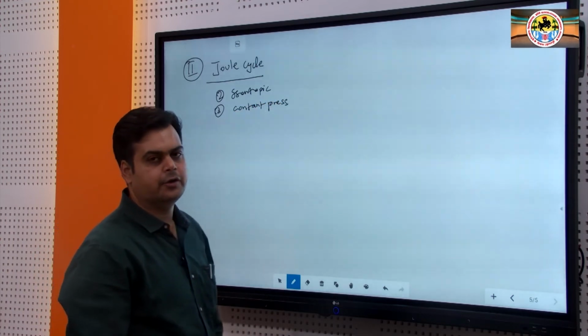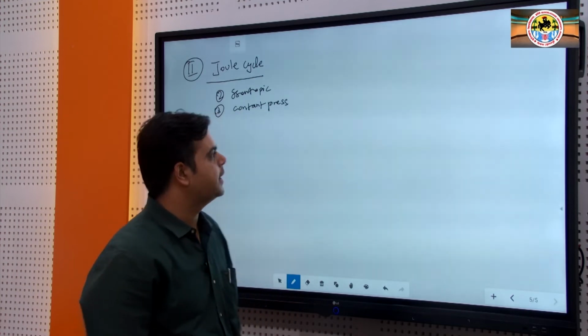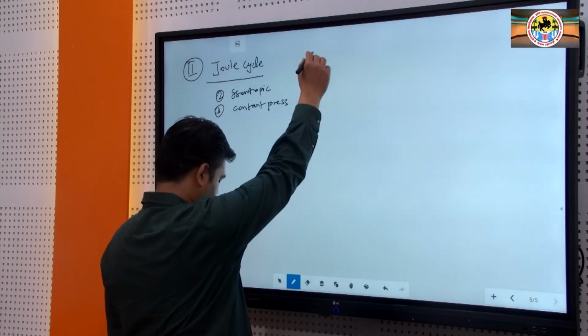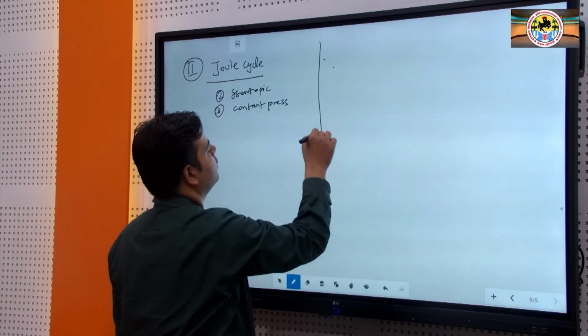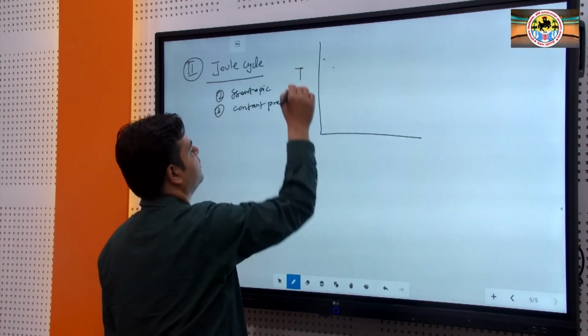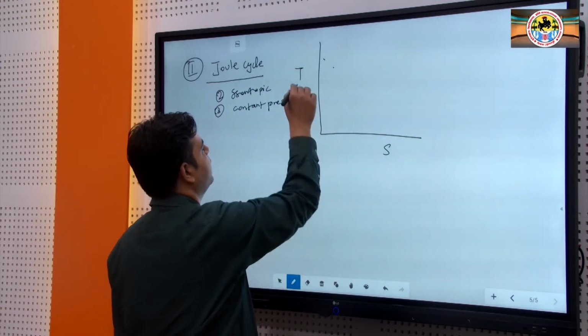Let us draw the T-S diagram of the cycle. This is the temperature and this is the entropy.